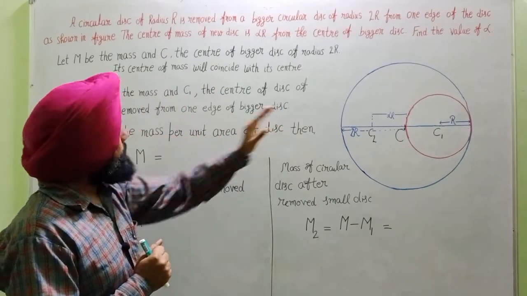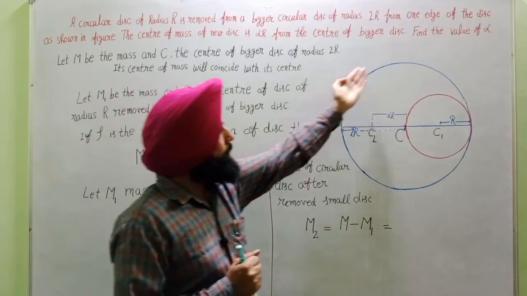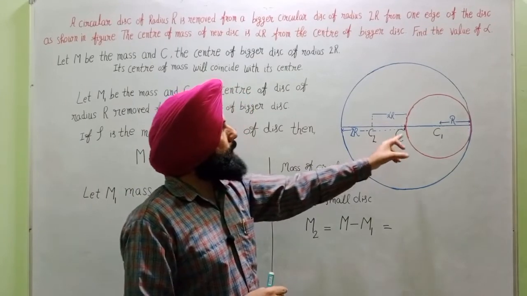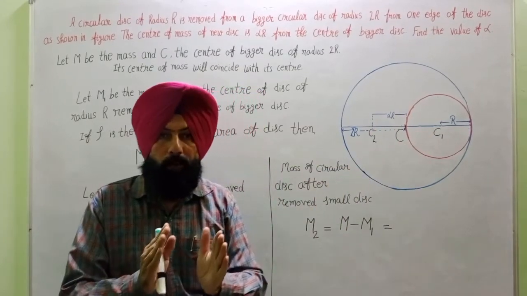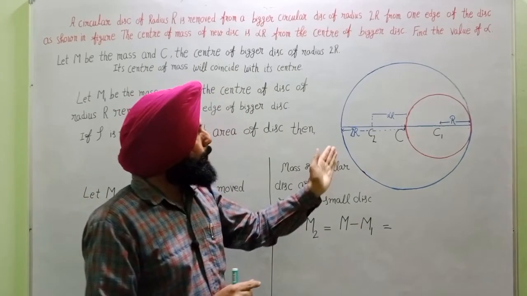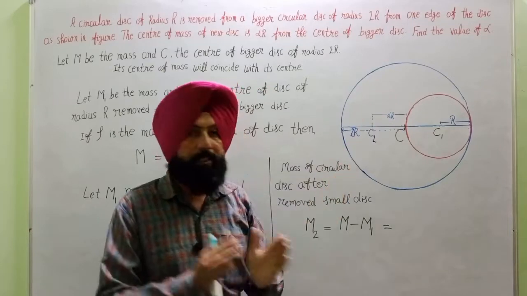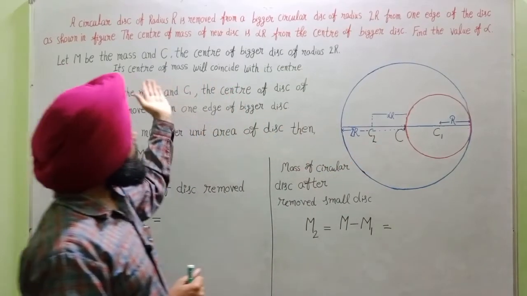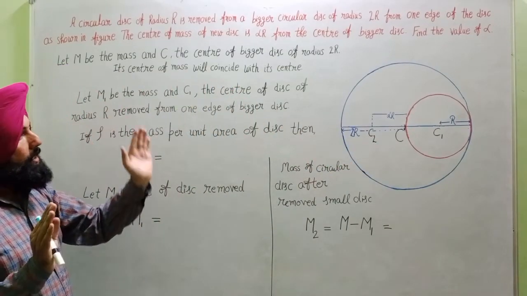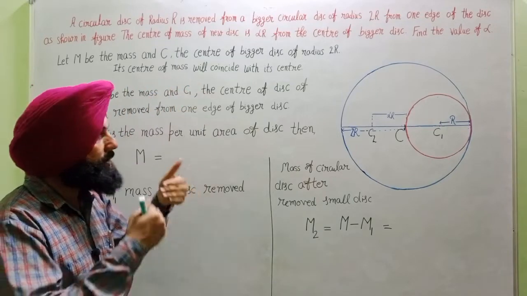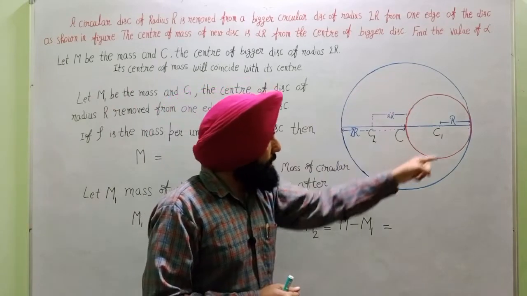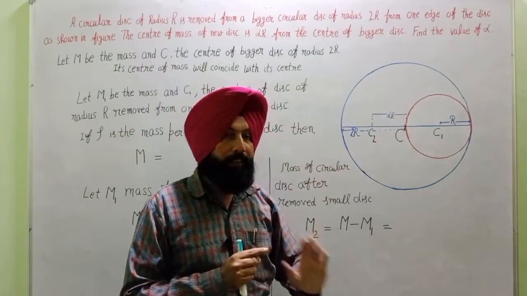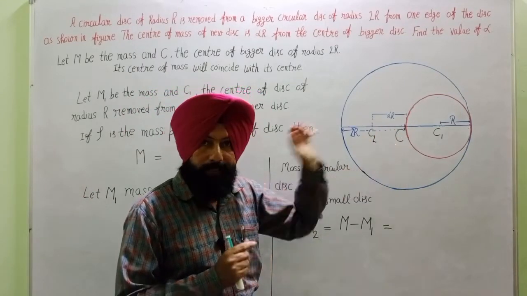Now let capital M be the mass of the bigger circular disk before removing the small circular disk, the whole disk mass, capital M, and center capital C, which I have written already, and its center of mass will coincide with the center of the bigger circular disk, which I have mentioned by capital C.